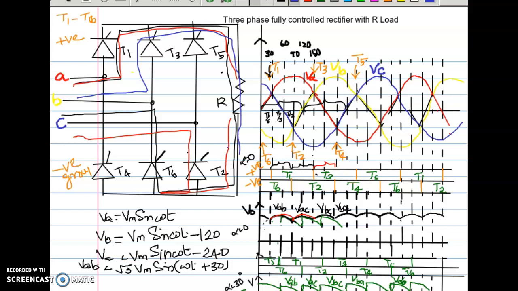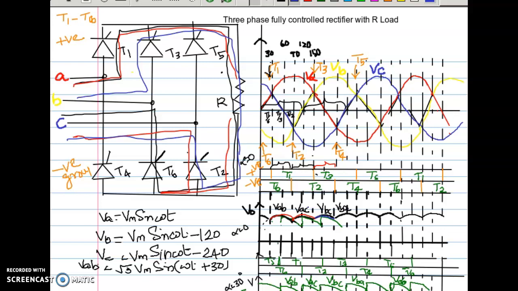Then T2 means through C. So the voltage is BC. T3 connected to B and T2 connected to C. So this is VBC. So the voltage is VBC in the 60 degree.